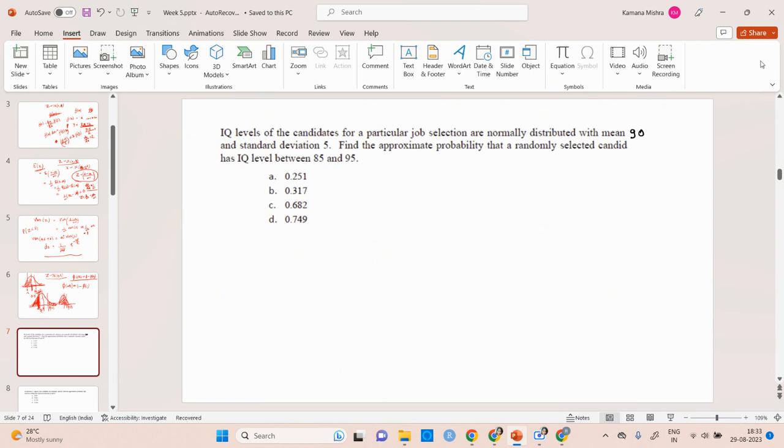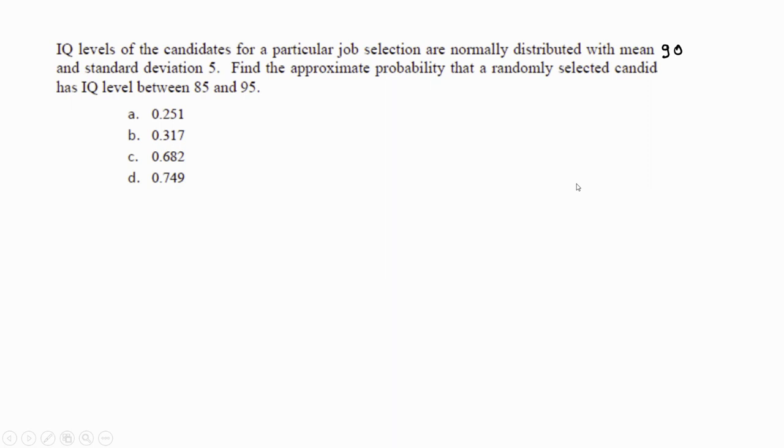Okay. So now this is the first question. What is given here is that the IQ level of candidates for a particular job selection is normally distributed with mean 90 and standard deviation 5. We want to find the approximate probability that a randomly selected candidate has an IQ between 85 and 90.